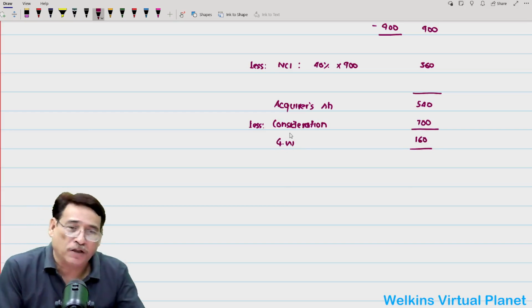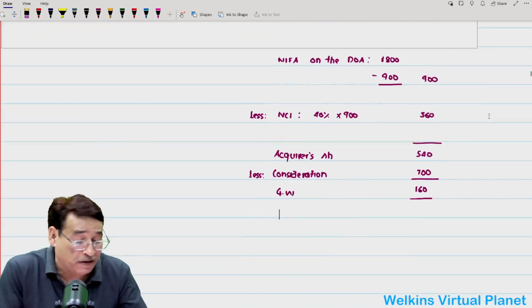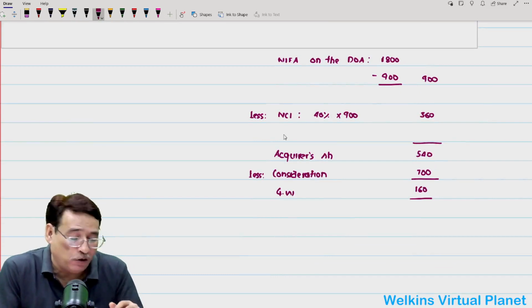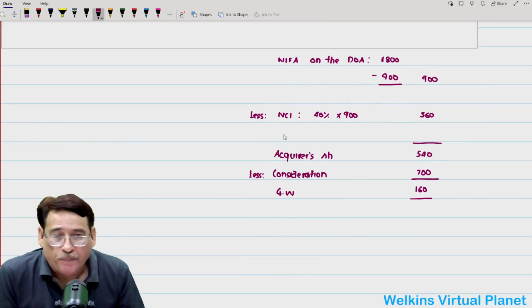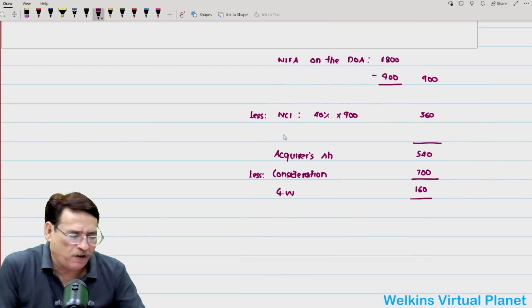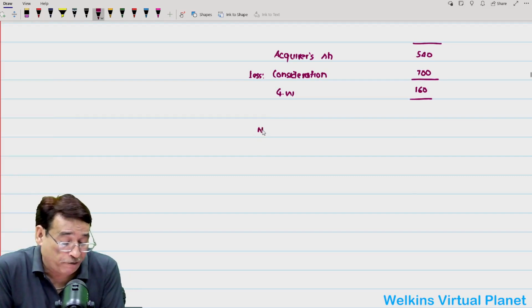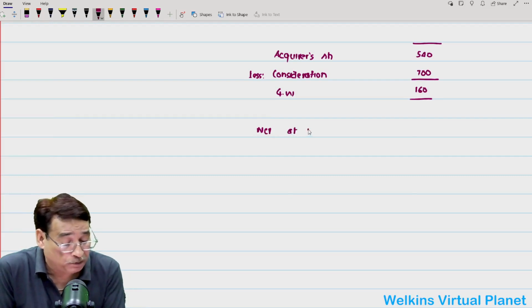Now suppose in this question NCI would have been valued at fair value, just for the sake of understanding. So NCI at fair value, what will be the value in this case? How would you have computed it?